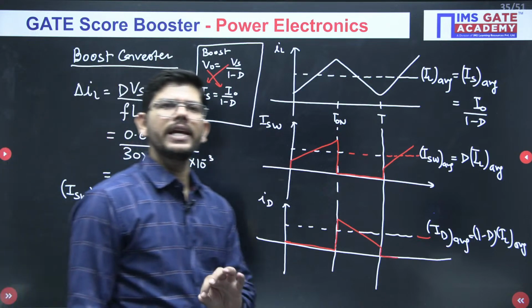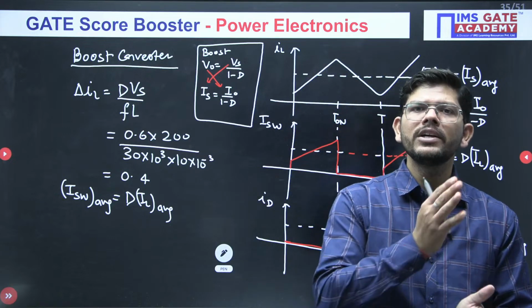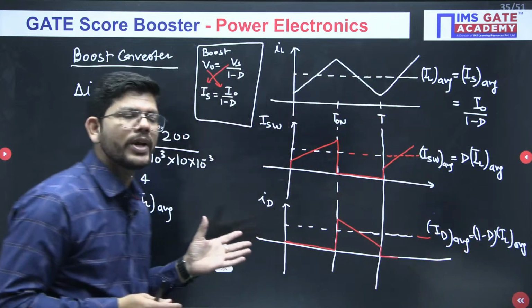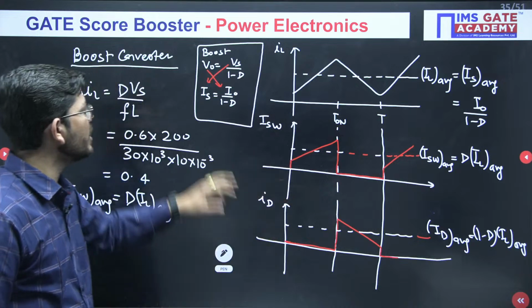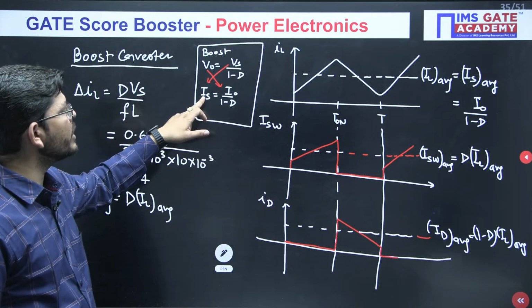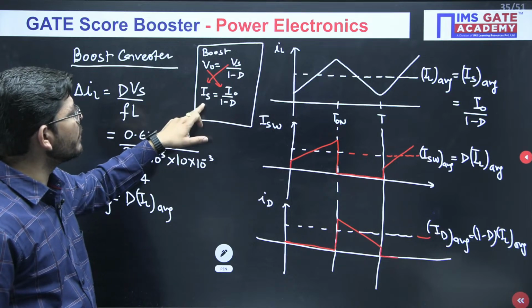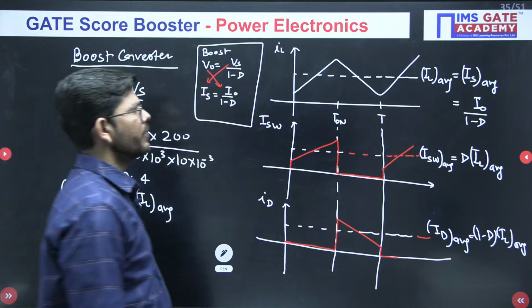So whatever formula you have for linking the input and output voltage, the same formula you will have for linking the source current and output current, but in the reverse manner. This is how you can memorize the expression of source current in all the converters. For example, in case of the buck converter, Is equals D times I naught. In case of the buck-boost converter, it will be D upon 1 minus D times I naught. This is how you can remember it.